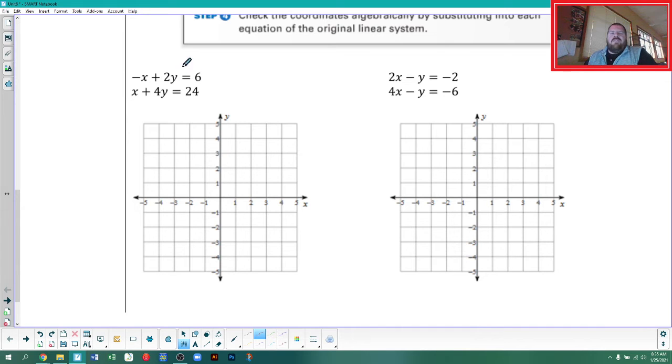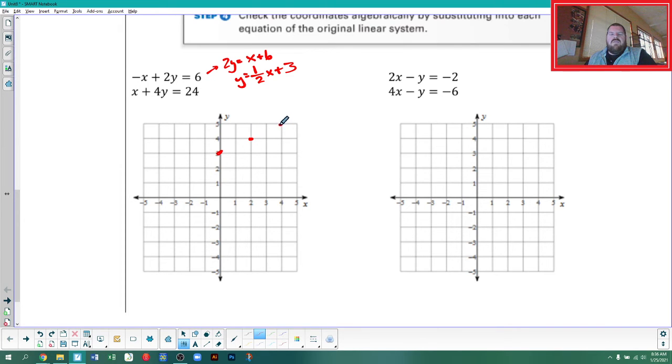So let's go ahead and simplify this a little bit. Let's rewrite this one in slope-intercept form. Add the x to both sides, sorry, add the x, not add the y, and divide by 2. So we have 1/2 x plus 3. So plus 3, 1/2 x goes up 1 over 2.